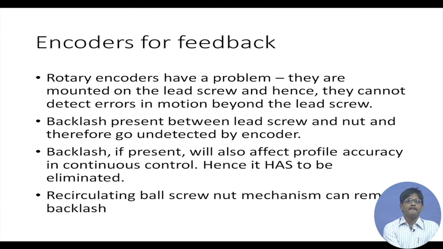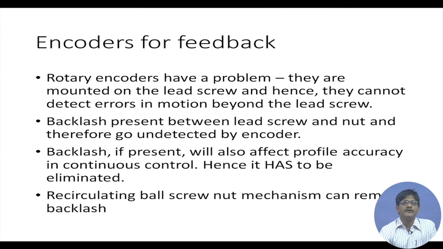There is also the question of backlash which is present between the lead screw and the nut, and this is also not received by the rotary encoder mounted on the lead screw. There can be other types of encoders, linear encoders, but the rotary encoder is the most popular one.